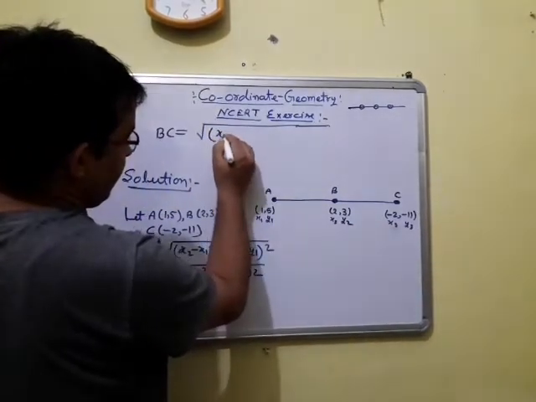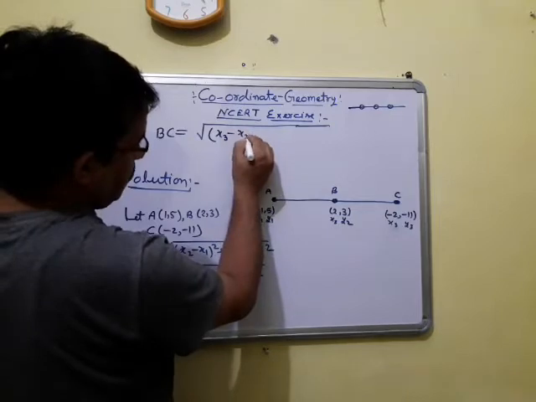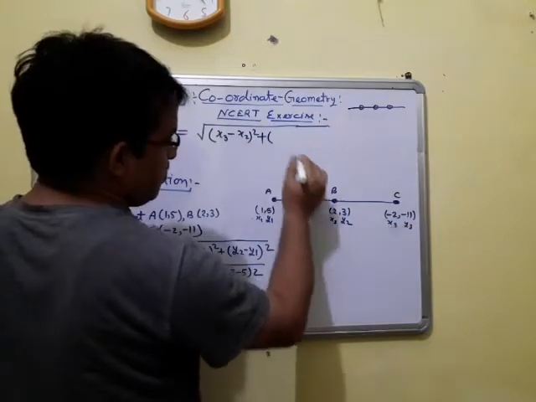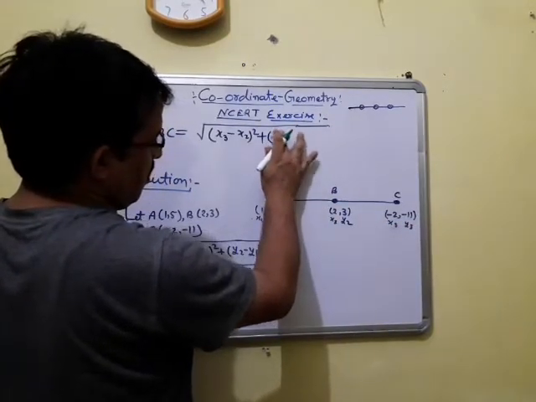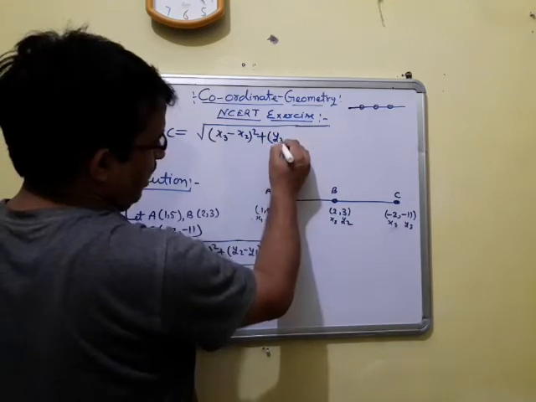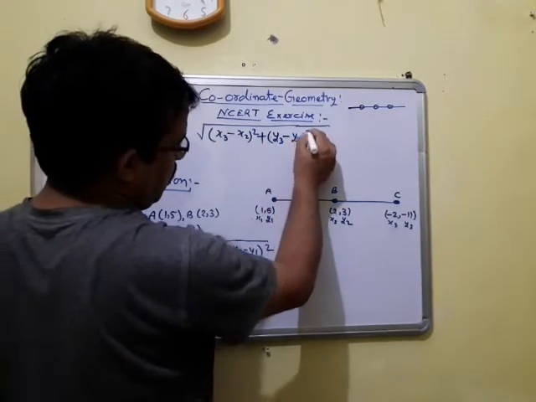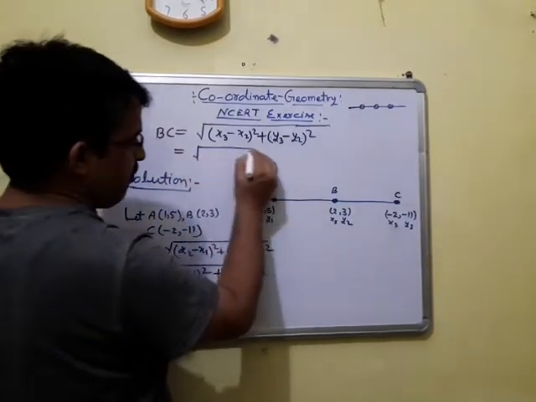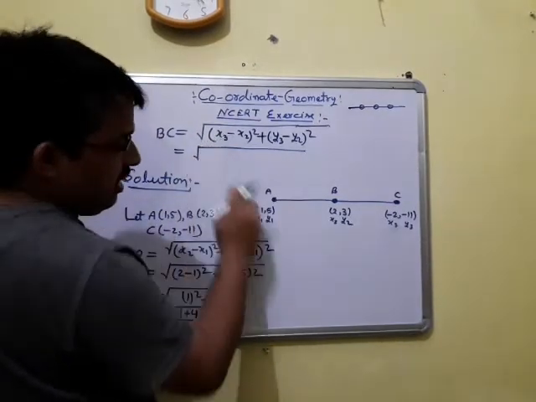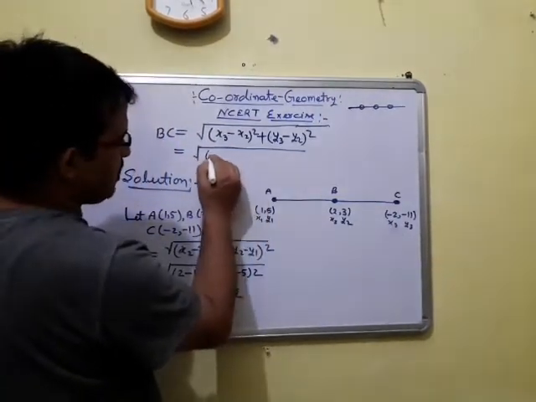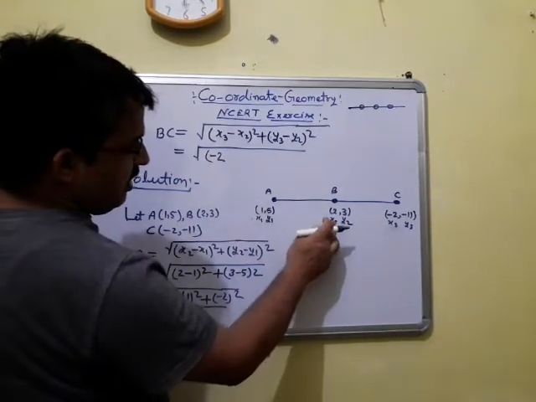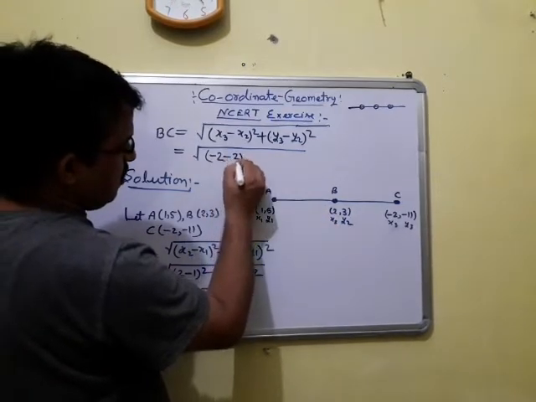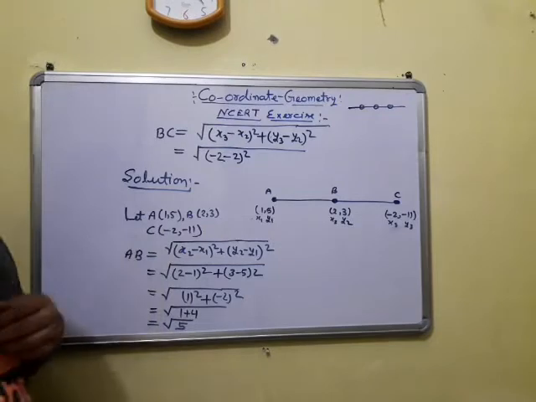So x3 minus x2 whole square plus y3 minus y2 whole square. Clear? So now we get under root x3. So x3 here is minus 2 and x2 here is given as 2, minus 2 whole square.